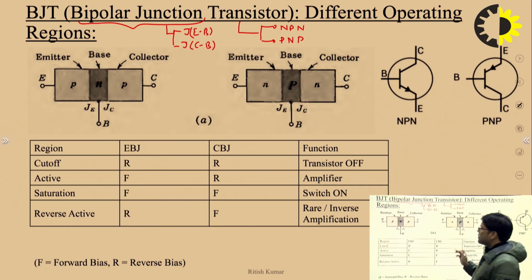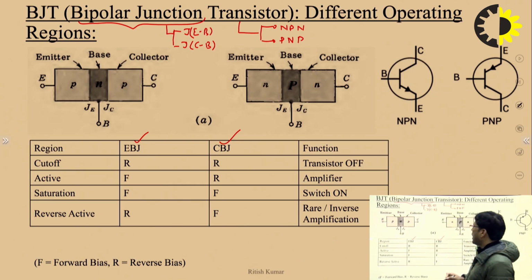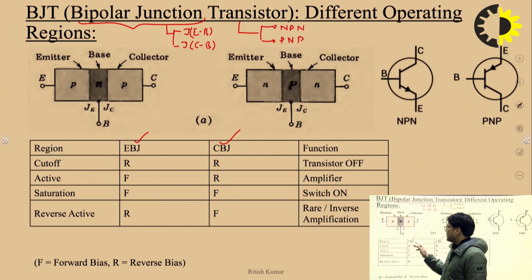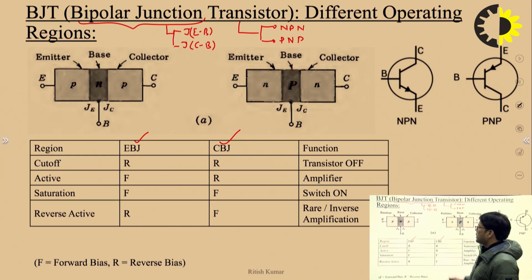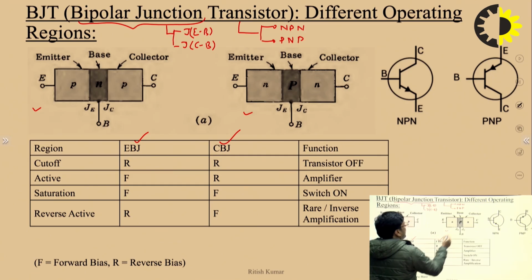Because it has two junctions, the emitter base junction and the collector base junction, we have four combinations for the different biasing cases of these two junctions. You can see here, this is a PNP transistor and this is an NPN transistor.